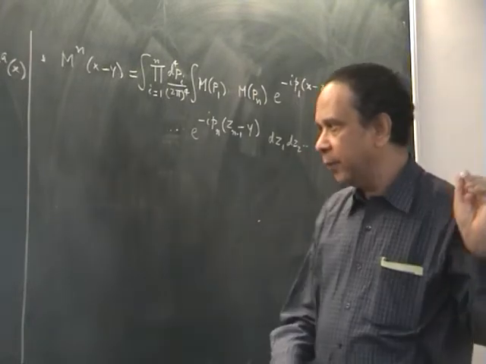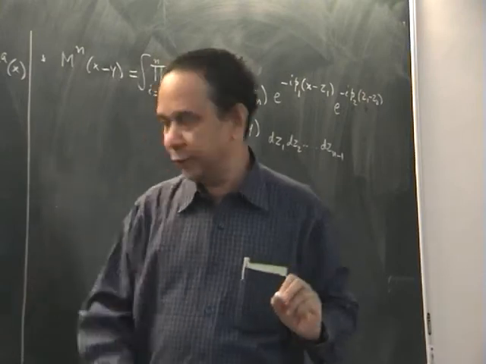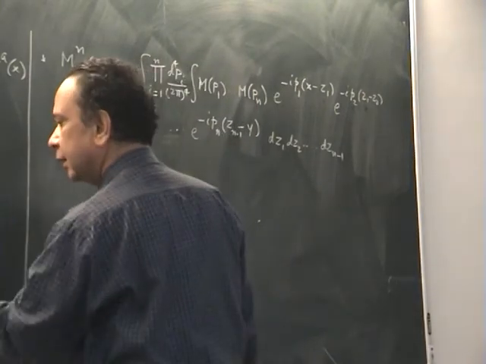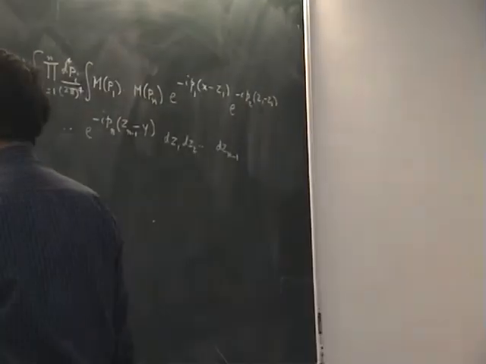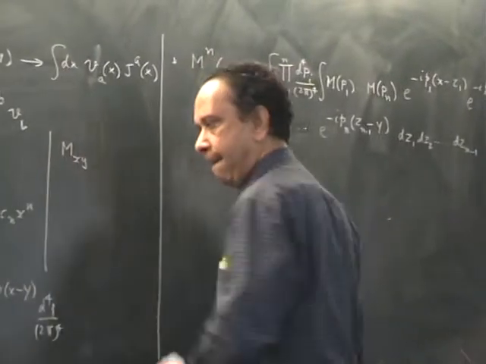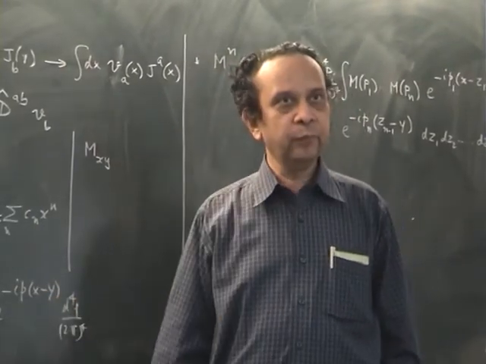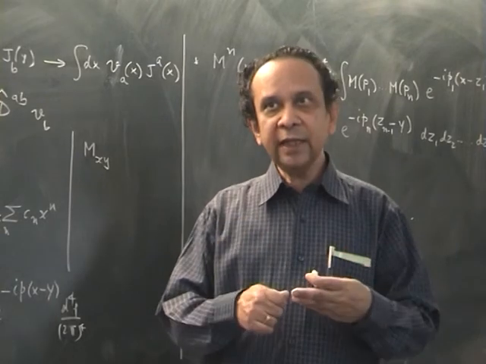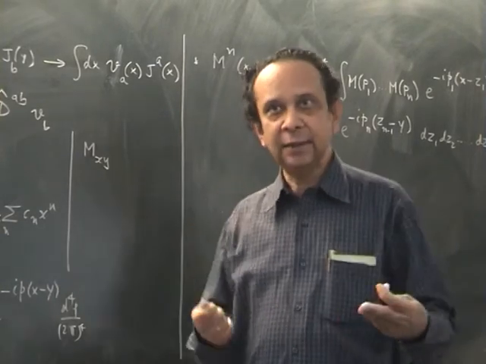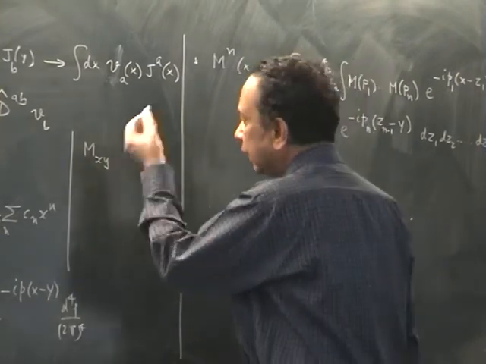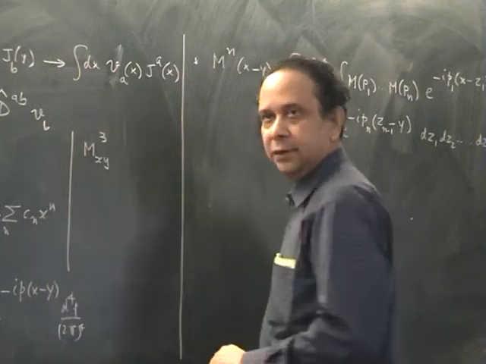Okay, since people might have got lost, let me explain what we are doing. You think of this as a matrix m x y. This is given to you. Now I want to take the nth power of that. How do I take the nth power of that? Suppose I want to take the cube of that.